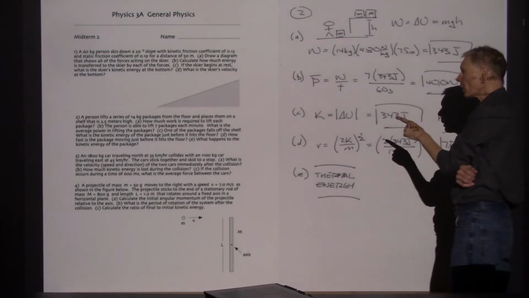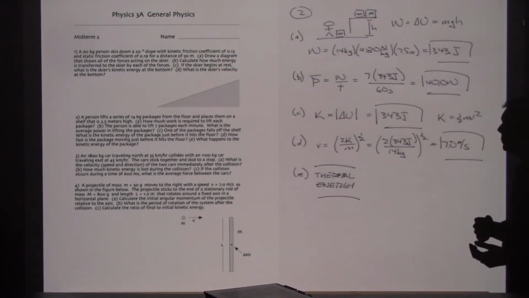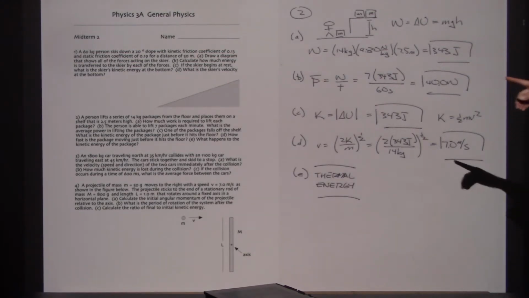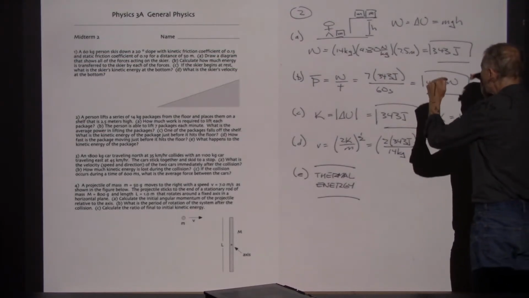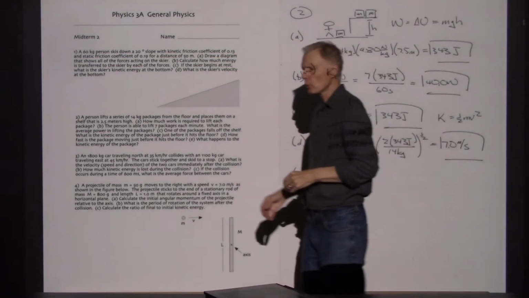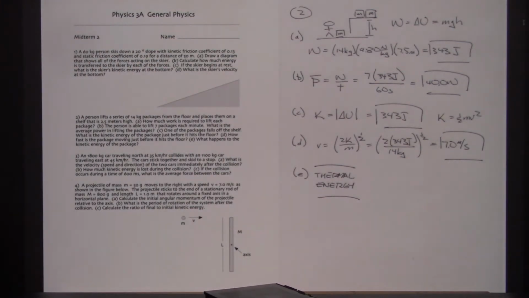And then finally, part E, it says, what happens to the kinetic energy of the package once it hits the floor? I guess it could have been more clearly specified. But we're trying to follow the trail of energy, right? We understand from Chapter 7, Chapter 8, energy is going to be conserved.